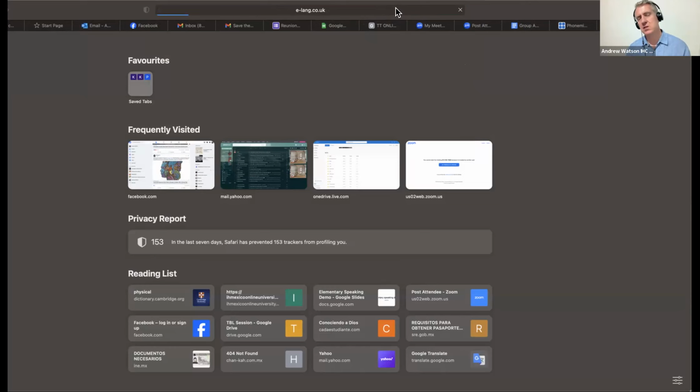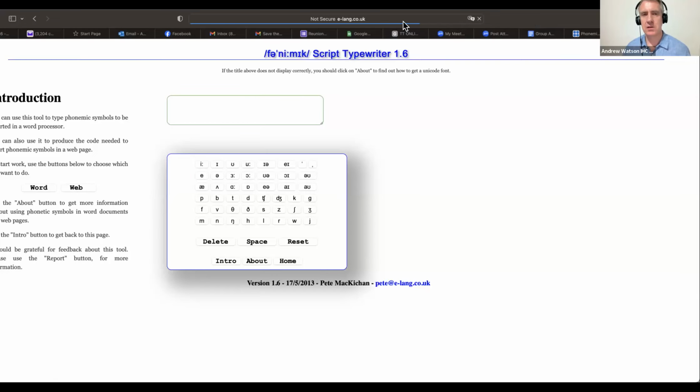Another useful tool is this phonemic typewriter.